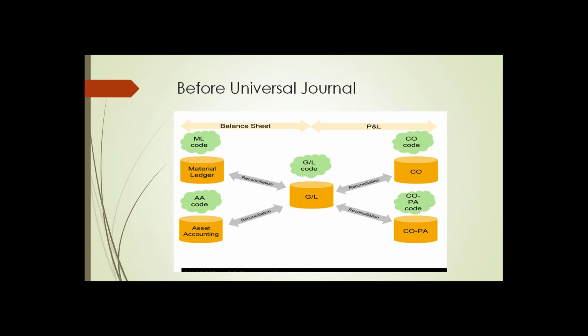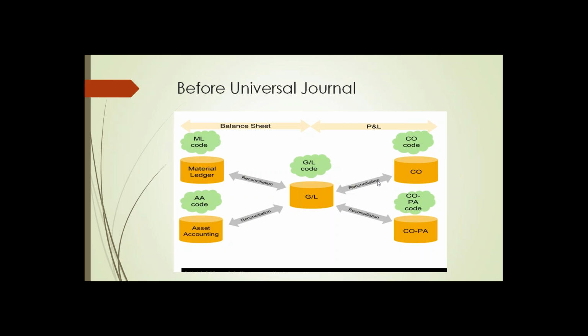Many times we face a situation in which these balances are not reconciled and we have to do the tedious exercise to come up with the solution: how exactly these balances are not matching, what is the difference, what is the entry missing in either material ledger or general ledger, what exactly is the mismatch. This is the problem we are facing now, because these modules are separate and store all their data in different tables.